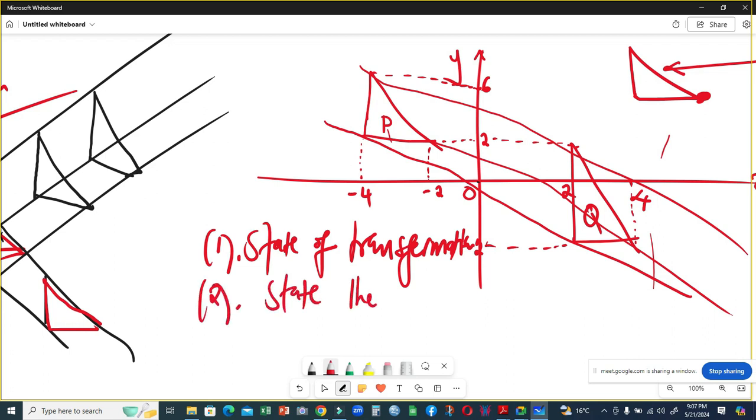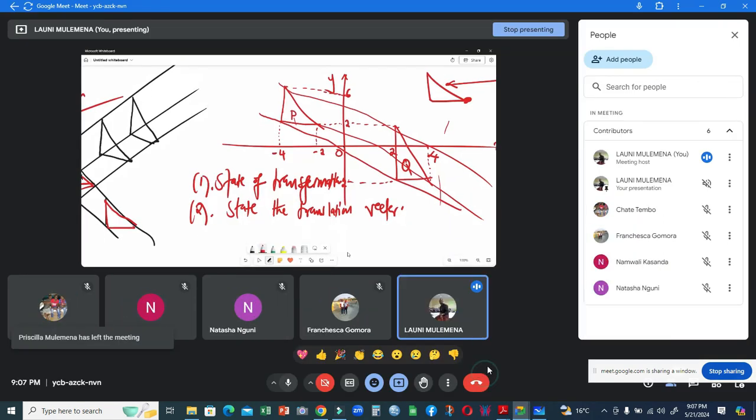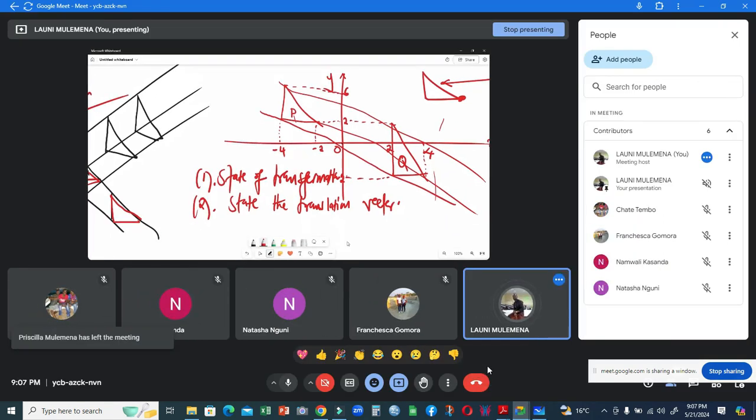So the major aim is to know the translation vector.